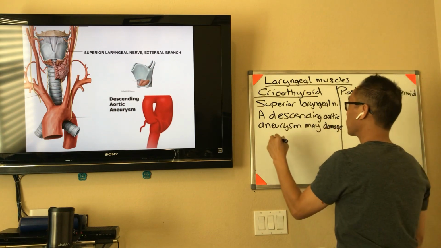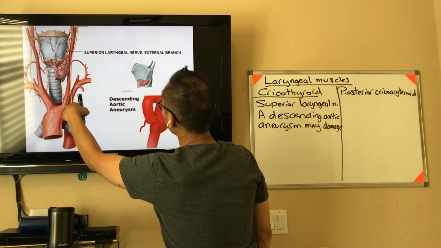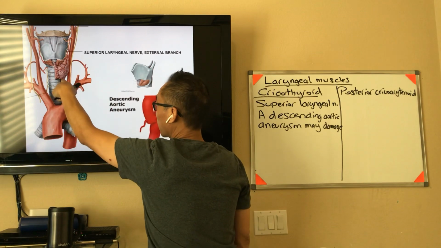So it may damage these. They're called recurrent laryngeal nerves because they recur. They go under, then they recur by going back up.